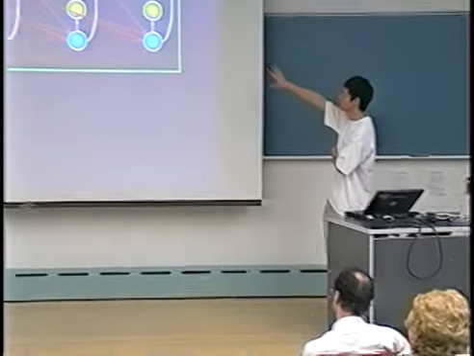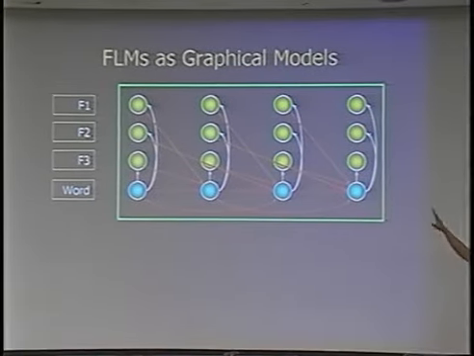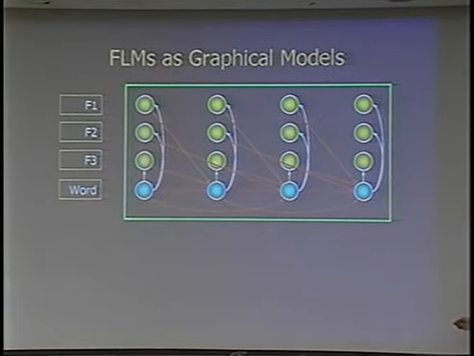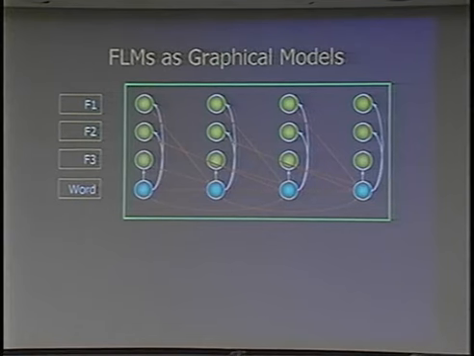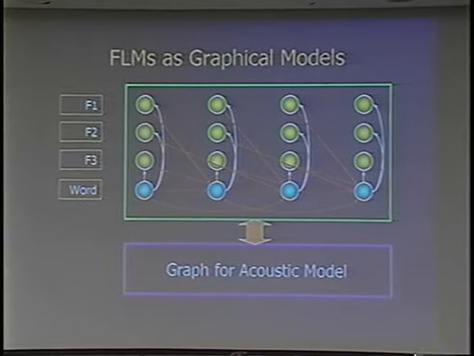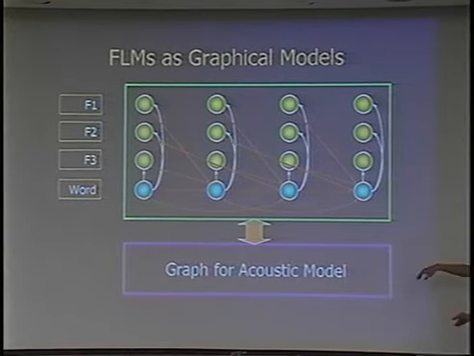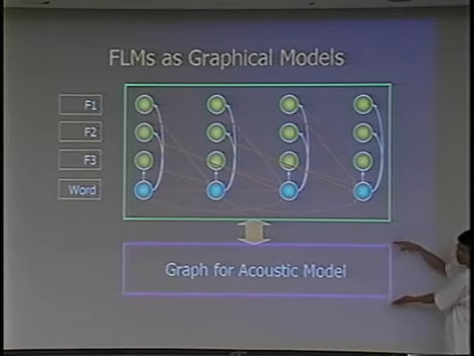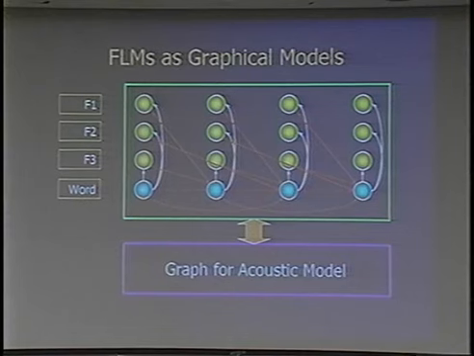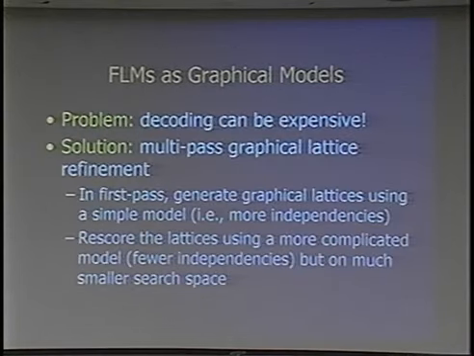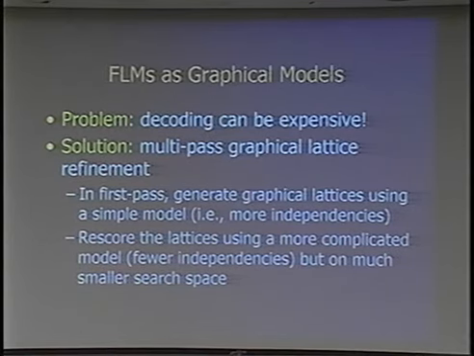This slide shows the factor language model viewed as a graphical model. If we add acoustics to it in the first pass decoding, we just hook up the graphical models for the acoustic part, combine them together, and put it into GMTK so we can do training and decoding. But we have a problem because the decoding might be very expensive since we have a very complex model.